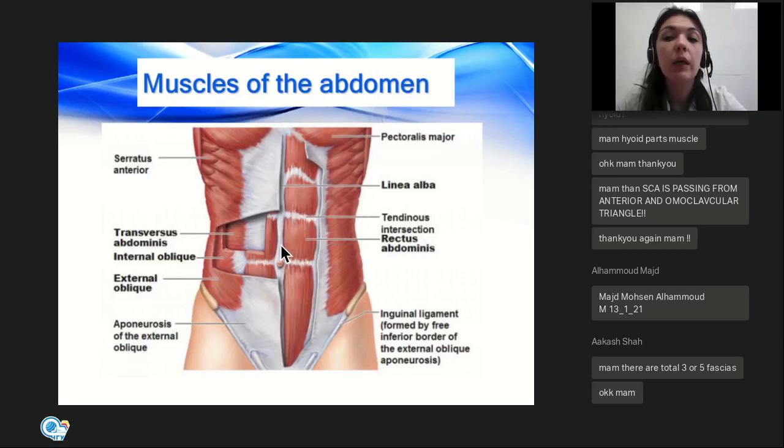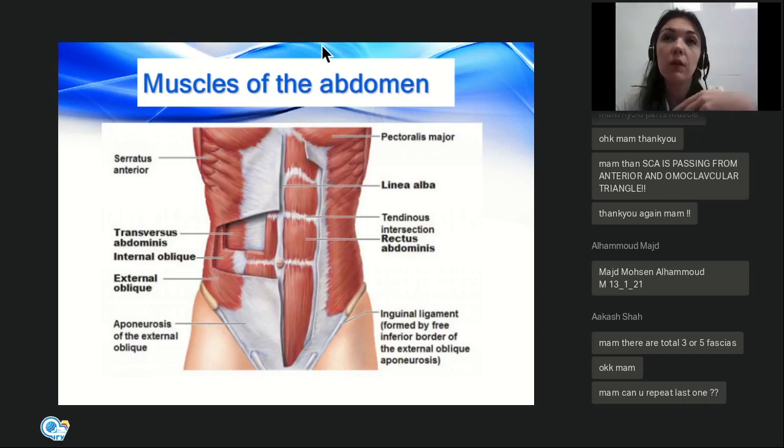Linea alba nearly doesn't have any blood vessels, and that's why surgeons use this place for the dissection in case of surgeries, when they consider that it will last long, or when they need very big approach, when they need to see very widely, very many organs, they use this linea alba. Certainly there are disadvantages.